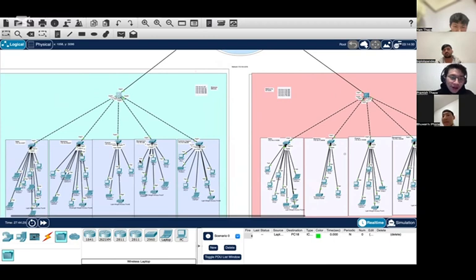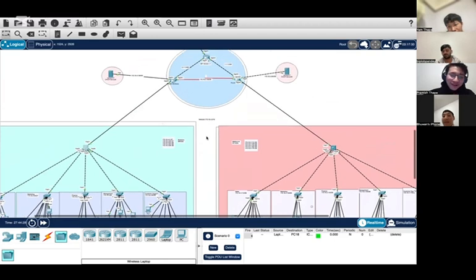Hi everyone, I'll be explaining the remaining part. In the router, we'll be making the different VLANs, which will be traveling from GigabitEthernet 0/0.